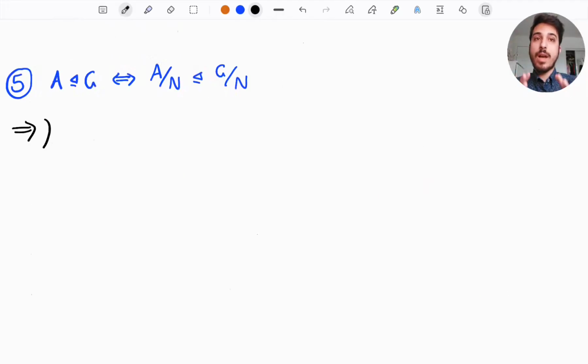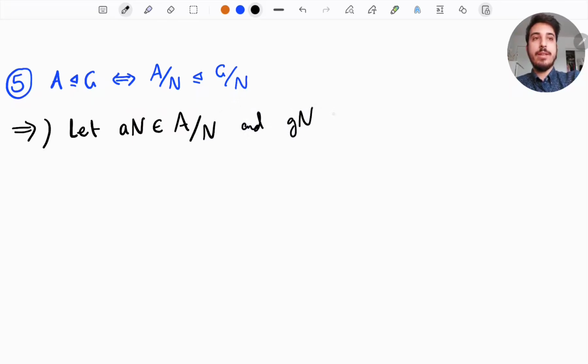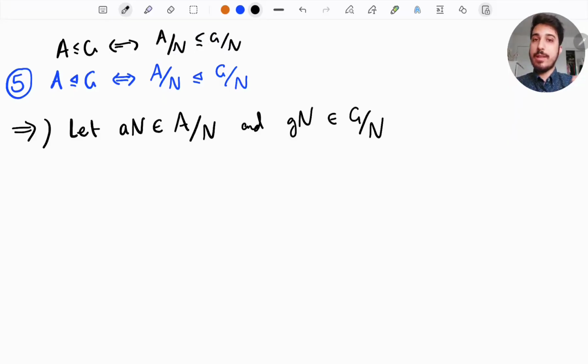To prove the fifth result, I will prove the forward and the backward direction. So let aN be a coset, an element of A/N, and gN be an element in G/N. I already know that A is a subgroup of G if and only if A/N is a subgroup of G/N. So all that is left is to prove that it's a normal subgroup, so that it's closed under conjugates.